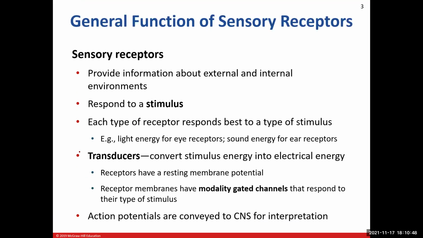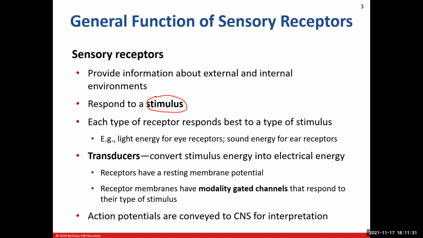Sensory receptors are structures that provide your nervous system, mainly your central nervous system, information about what is going on outside of your body and what is going on inside of your body. Now, all sensory input is a result of a stimulus. So we need a stimulus to occur to trigger the receptors to send that sensory information to your central nervous system. Certain receptors respond to certain types of stimuli.